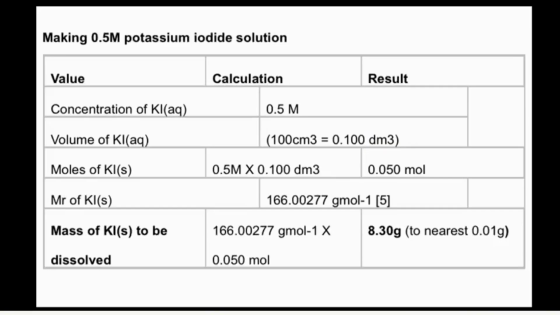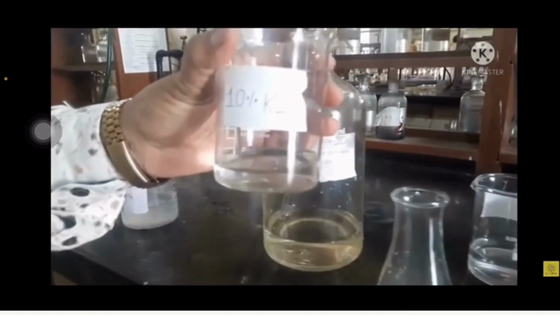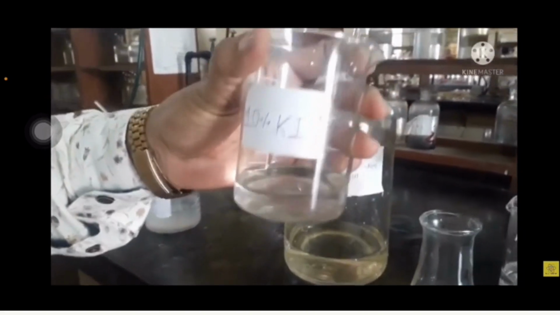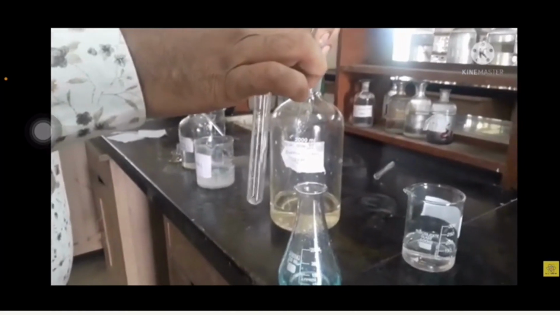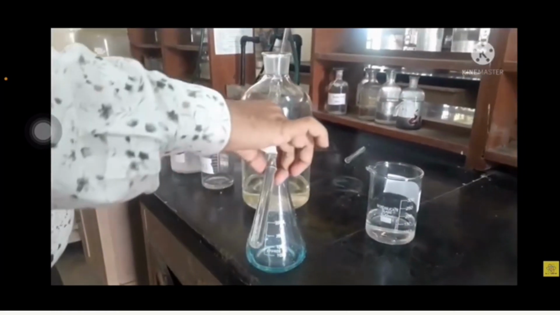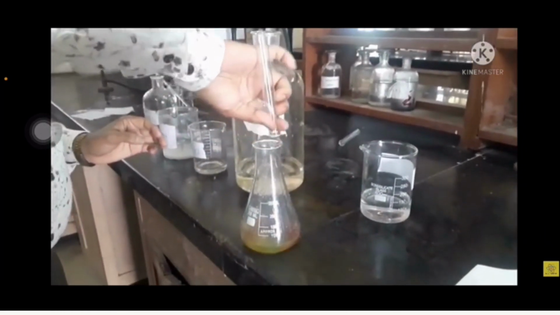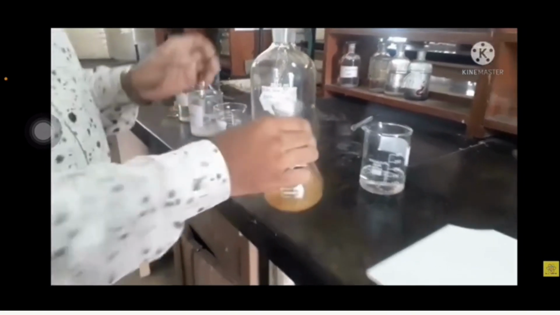Next, we calculate to make the 0.5 mole potassium iodide solution. On adding KI, or potassium iodide, to copper(II) sulfate, aqueous iodine, which is brown, is formed together with copper iodide, which is a white solid.